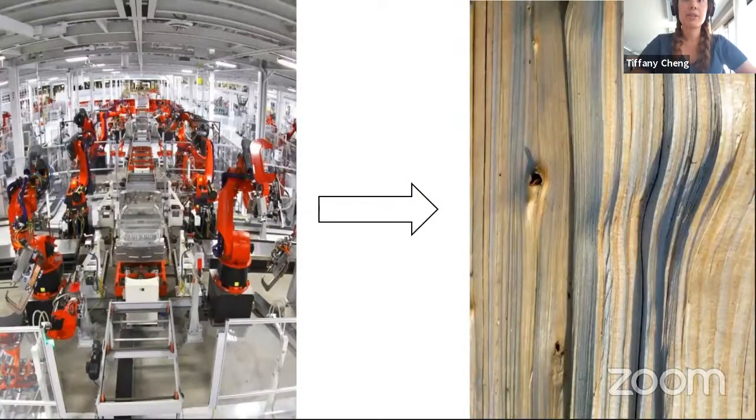Just to start, when we think about how we traditionally make things, whether it's constructing a building or manufacturing a car, it usually involves very complex processes, either mechanical or robotic, for the formation of the material.